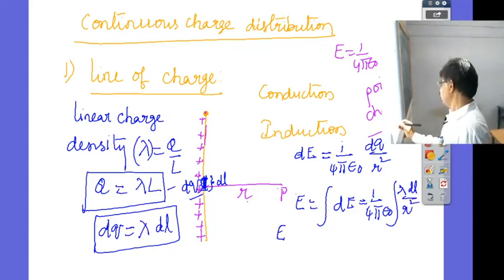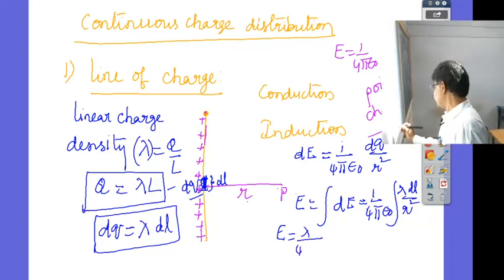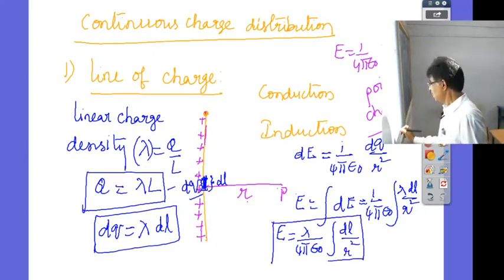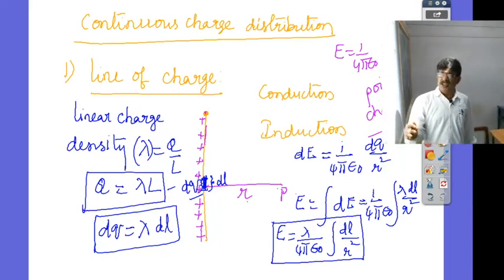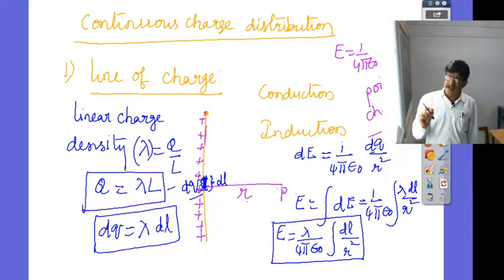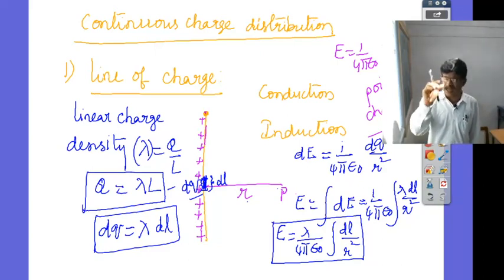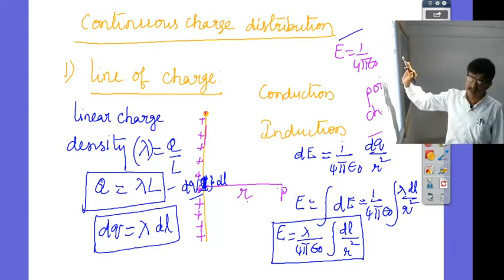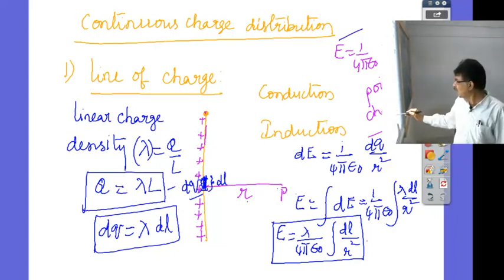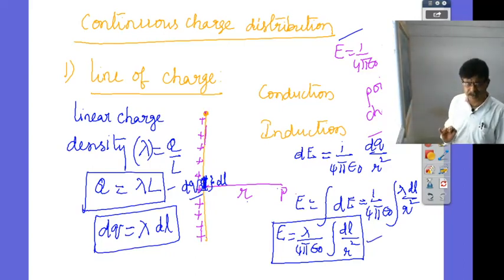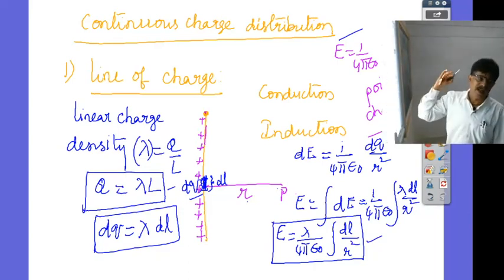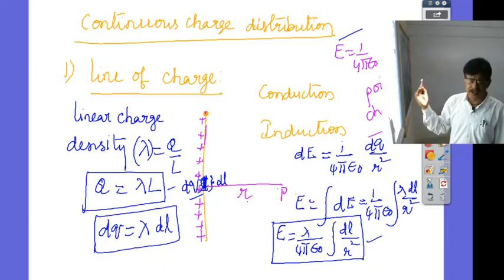Or we can write E is equal to lambda by 4 pi epsilon naught integral dl by r square. Very simple. So we are initially considering a small elemental length which will act as a point charge. For point charges only, this expression is valid. Hence, by adopting this, finally we arrive at an expression for the electric field intensity in case of a linear charge distribution, I can say line of charge or linear charge distribution.